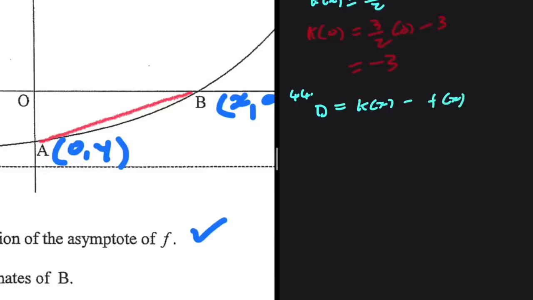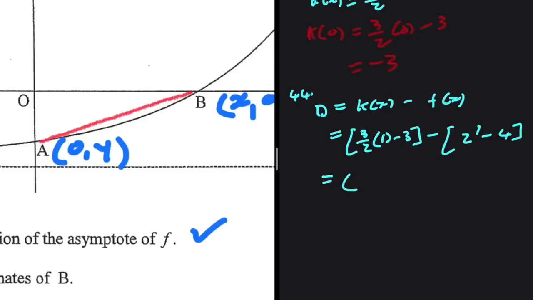Well, k of 1 minus f of 1, because that's the point we're interested in. So for k of x, we have 3 divided by 2 multiplied by 1, minus 3, minus f of x, 2 to the power 1 minus 4. So 3 divided by 2 multiplied by 1 is 3 divided by 2, which is 1.5.